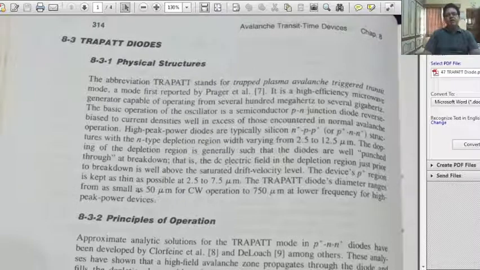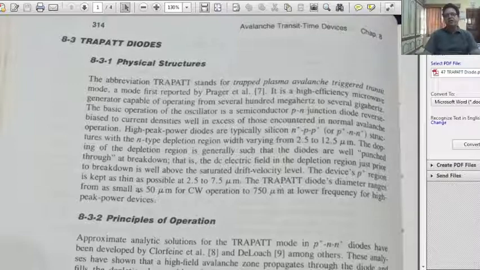That is, the DC electric field in the depletion region just prior to breakdown is well above the saturated drift velocity level. The device's p+ region is kept as thin as possible, at 2.5 to 7.5 micrometers.